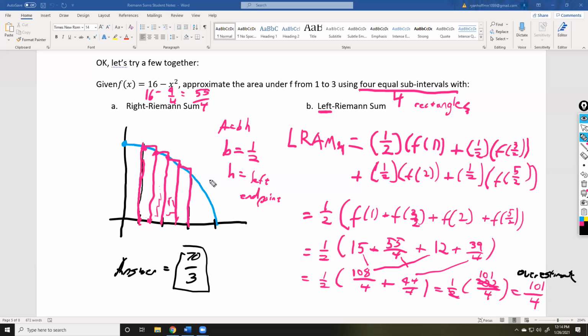of the actual answer, right? This is a larger number than the actual answer turns out to be. And hopefully that makes sense to you because in each of these rectangles, we have this little sliver of area happening on these rectangles. And so that's creating a larger area than is actually in the answer.